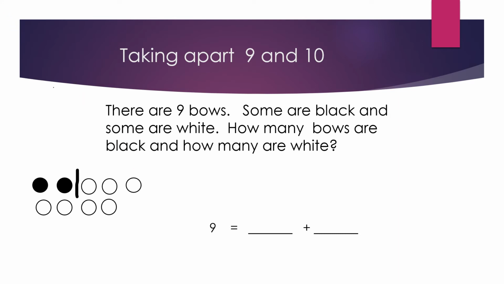Go. Kindergarten, does your number sentence read as follows? 9 equals 2 black dots plus 7 white dots? Kiss your brain, kindergarten. You are on fire today. Let's try another one.